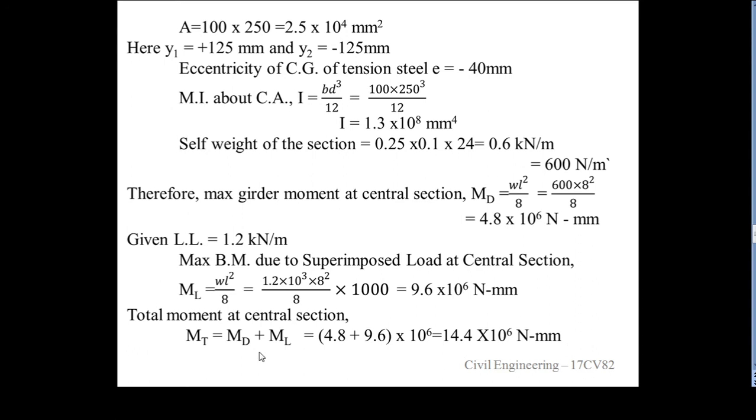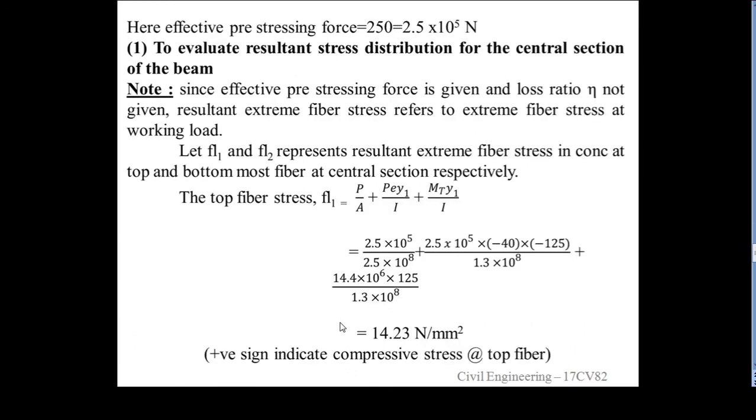This is the total moment at center section. Then the effective pressure force equal to 250 kilonewton is given. Here 250 kilonewton equals 2.5 into 10 raised to 5 Newton. We are converting to Newton.